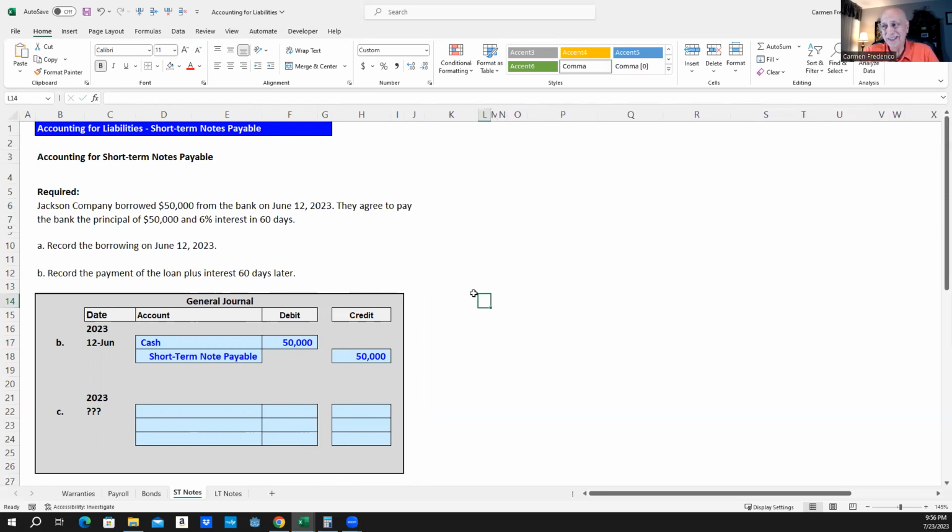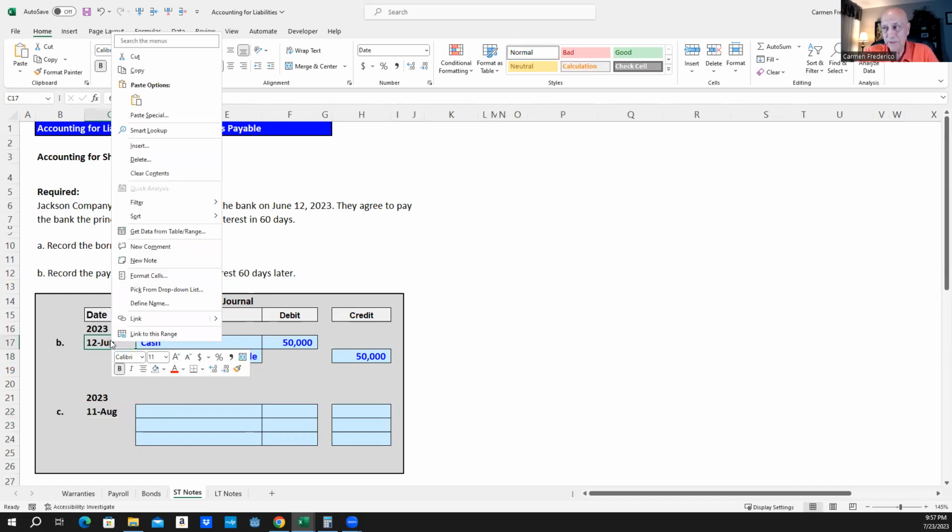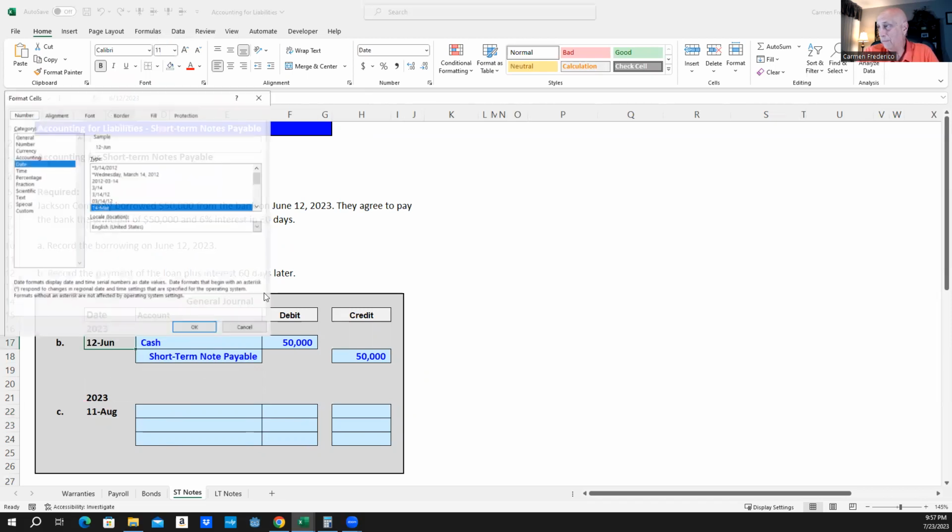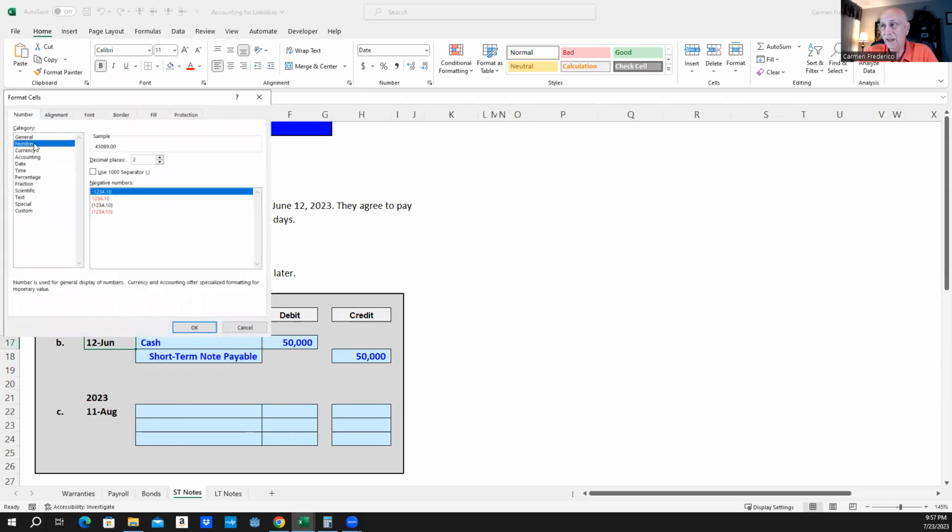So now let's record the payment 60 days later. What's the due date of this note? Because we know Excel is pretty cool and has a number behind every date, we can simply take the date plus 60, and that is the due date of the note. If I go back here and format the cell into a number, you can see that.